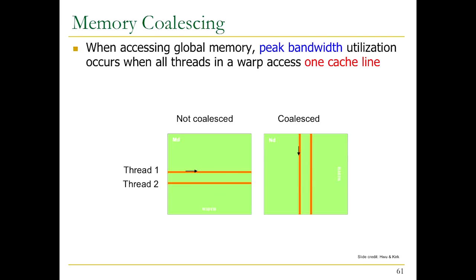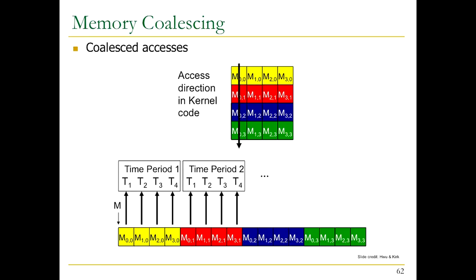And depending on this width, these 2 elements might be very far from each other. Let's take a closer look at this in the next 2 slides, and then I will also show you an example in the paper.